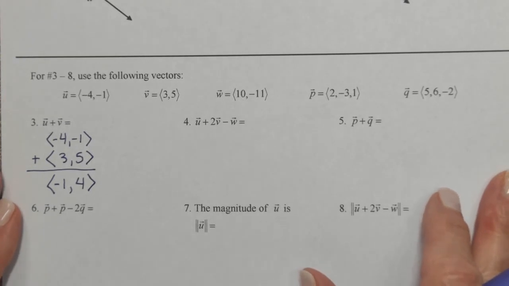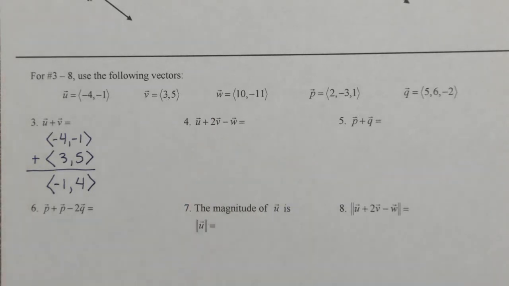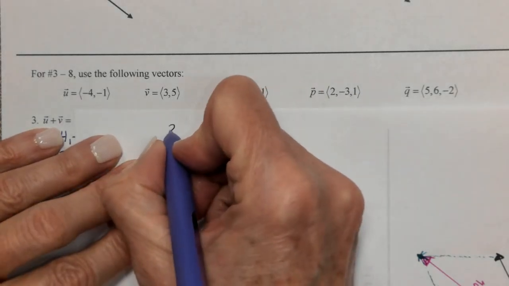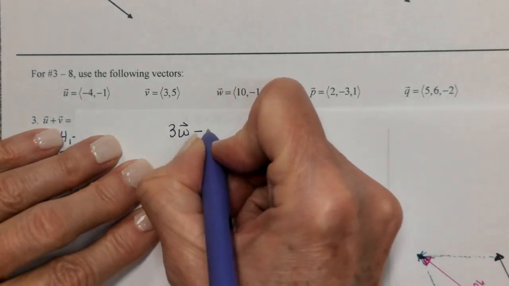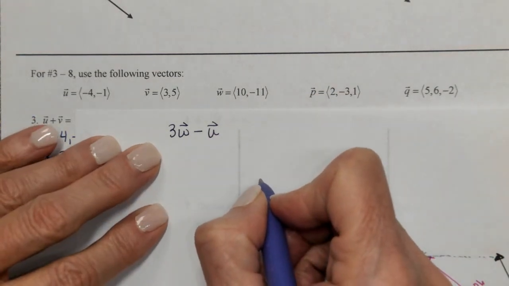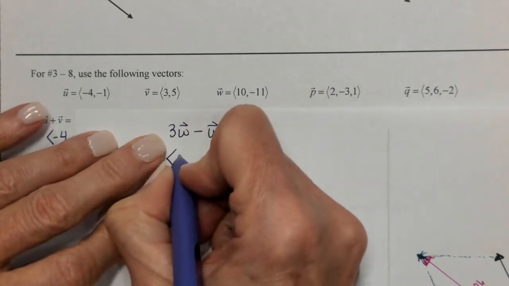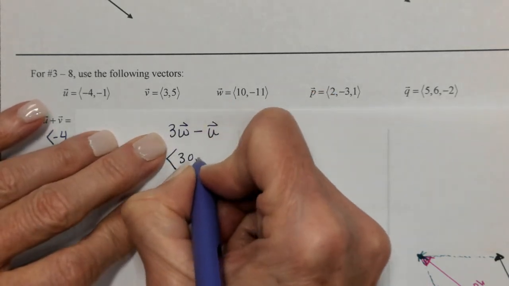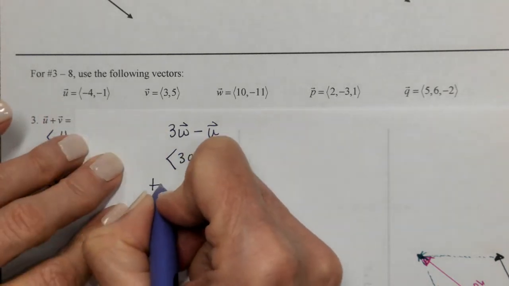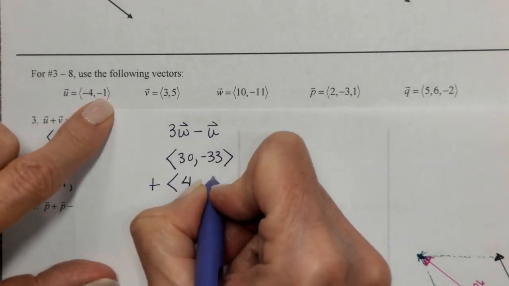You can also multiply by a scalar. I don't want to do that example because I think that's the only one you're doing, so let's do another one. Let's do 3w minus u for an example. So 3w would be the vector, plus negative u, which would be 4, 1.